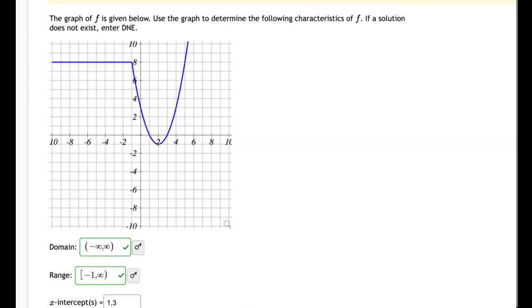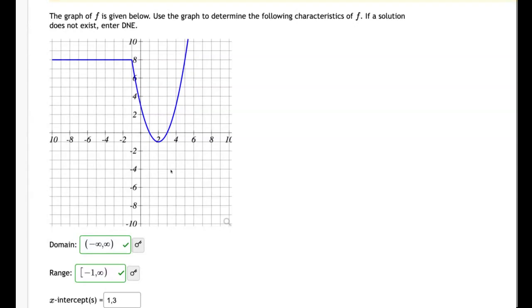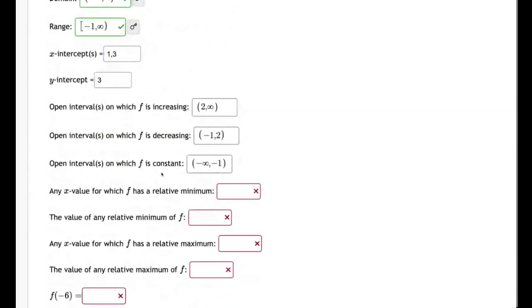Sorry, I got dyslexic for a second. So this x value is going to be 2, and the y value is going to be -1. So the x value is 2, and the value of f, which is our y value of the minimum, is -1. It's always going to ask you x and then y. So 2 and then -1.